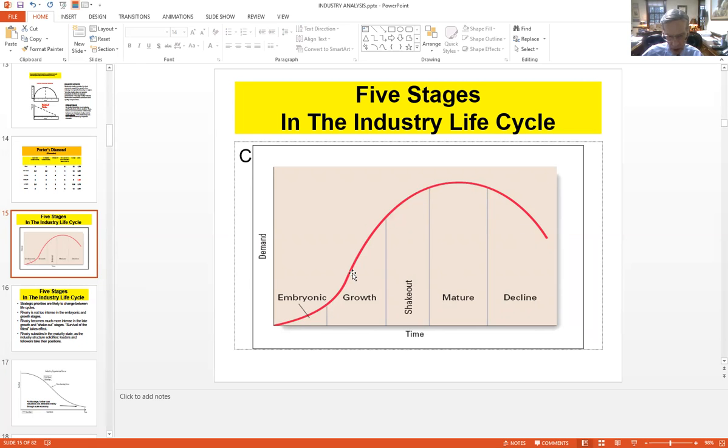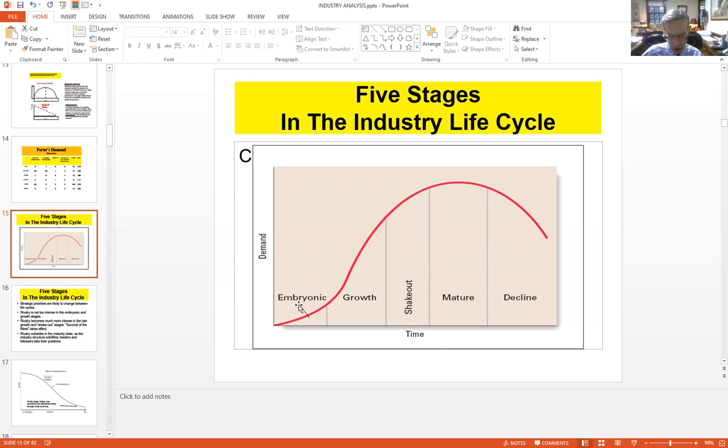So knowing where the industry is in its maturity or its development in its life cycle gives us insight into the kind of strategy that we need to form to be appropriate for competitive conditions in this industry.